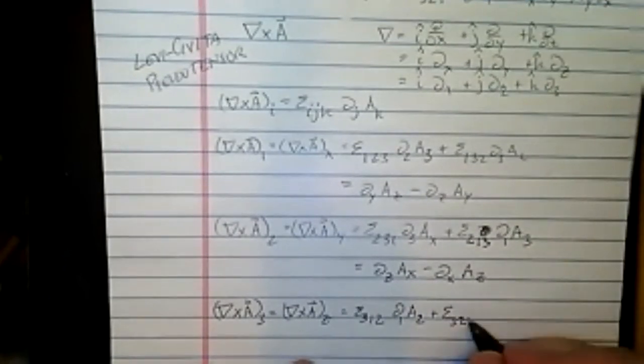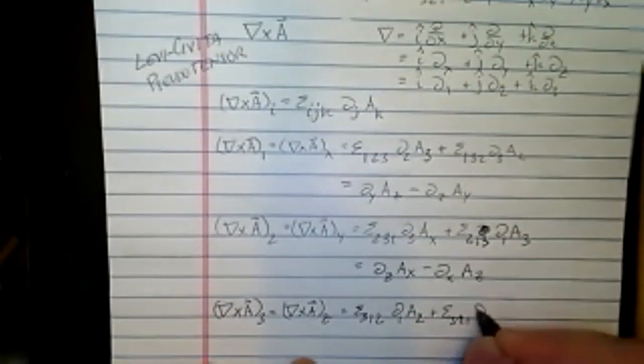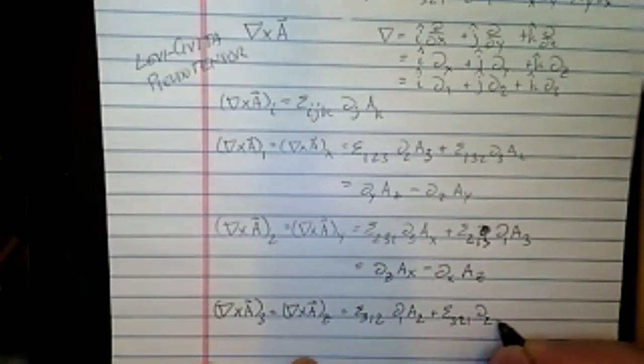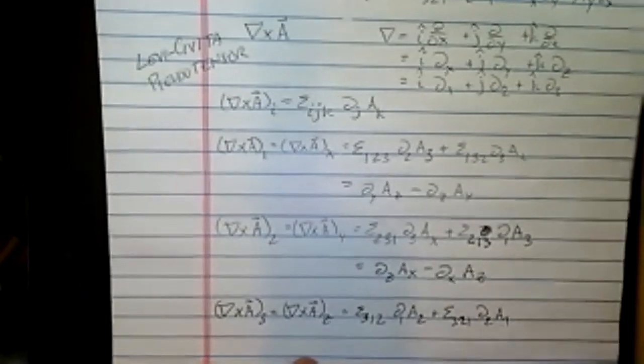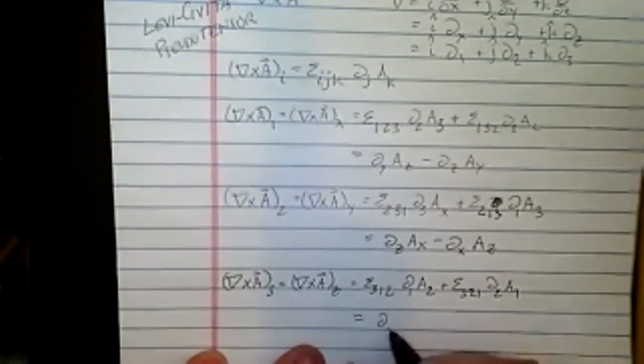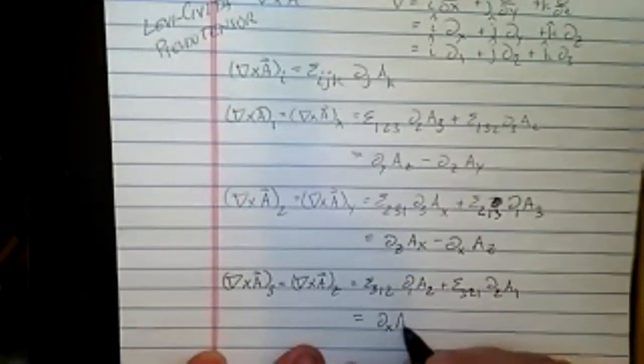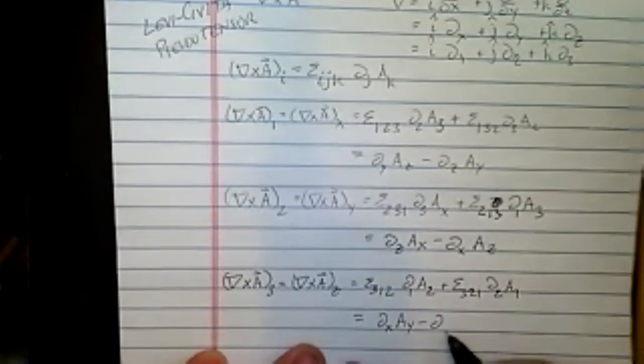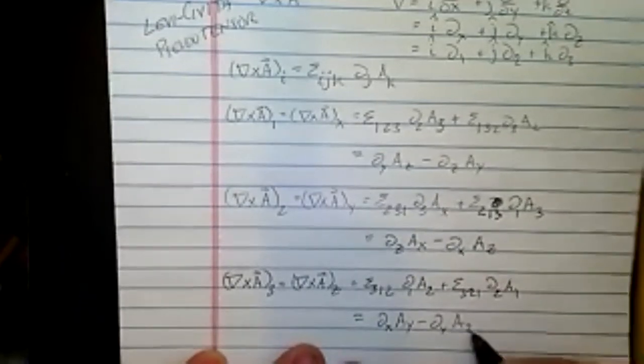That's the non-cyclic permutation, so that's going to be negative 1. But this is now going to be partial sub 2 of A sub 1. So ultimately, in this case, I get the partial with respect to x of A sub y minus the partial with respect to y of A sub x.